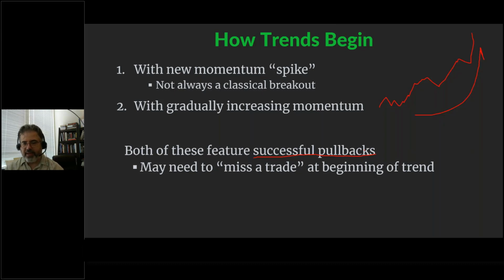If you understand how pullbacks evolve and work and fail, then you will be equipped to understand the trend dynamics and the psychological framework in place in any market at any point in time. The presence of pullbacks that work will tell you if a trend is underway or not.